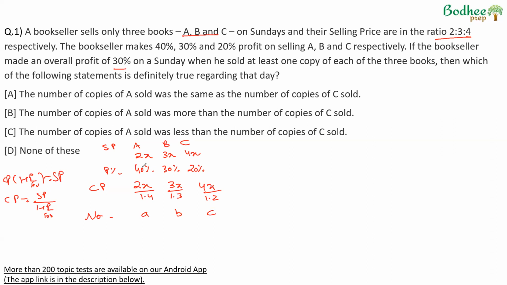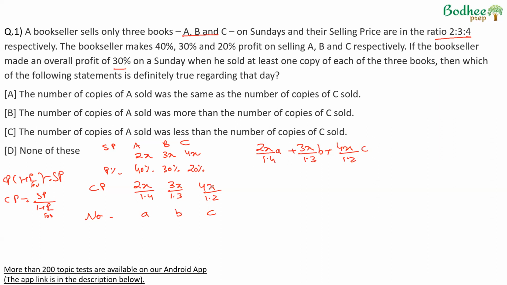We can see that if the bookseller made an overall profit of 30%, overall cost price will be 2x upon 1.4 into A plus 3x upon 1.3 into B plus 4x upon 1.2 into C. That is cost price of a book into number of books.